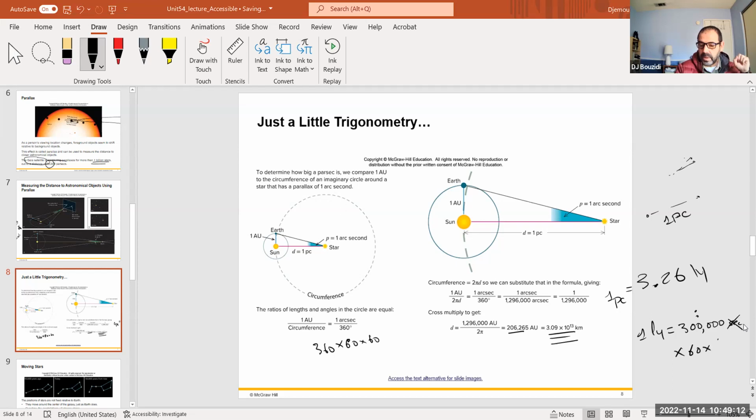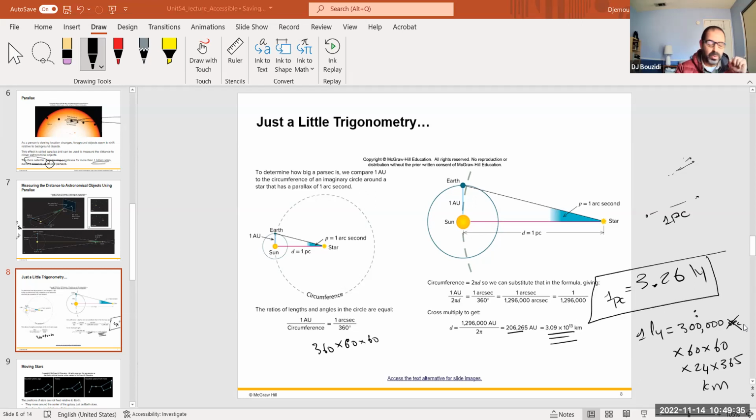How many minutes in an hour is 60. How many hours in a day is 24. How many days in a year is 365. So now, if you do the algebra, you know how many kilometers are in a light year. Based on that, you know how many kilometers are in a parsec. That's where this formula comes from. That's where we come up with a conversion from a parsec to a light year.